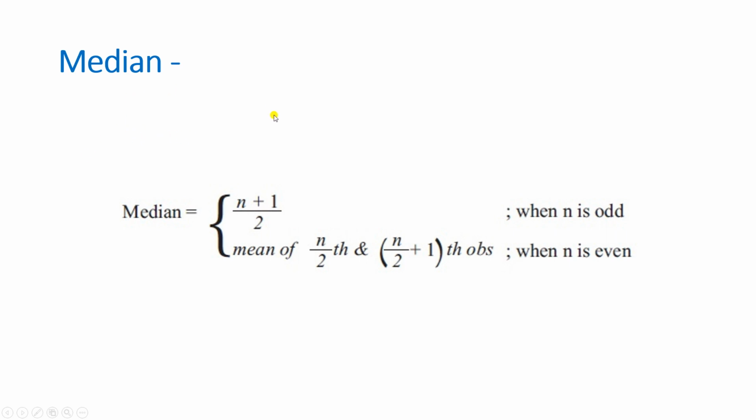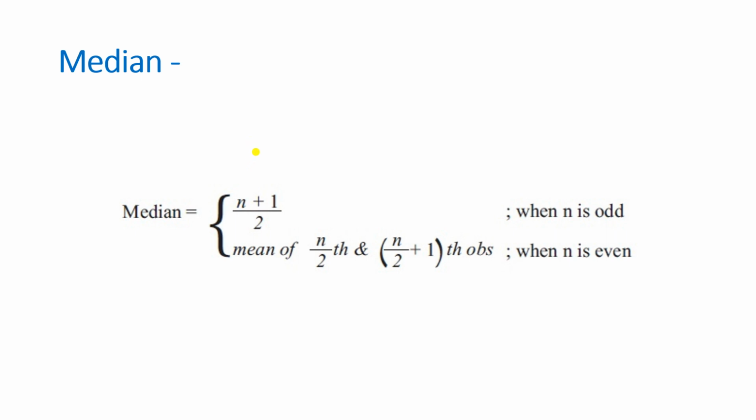Median is the middlemost value. How to calculate the median? This is where the students make a very common mistake. Suppose in a data set you will be given, say, the hemoglobin level of 10 students.